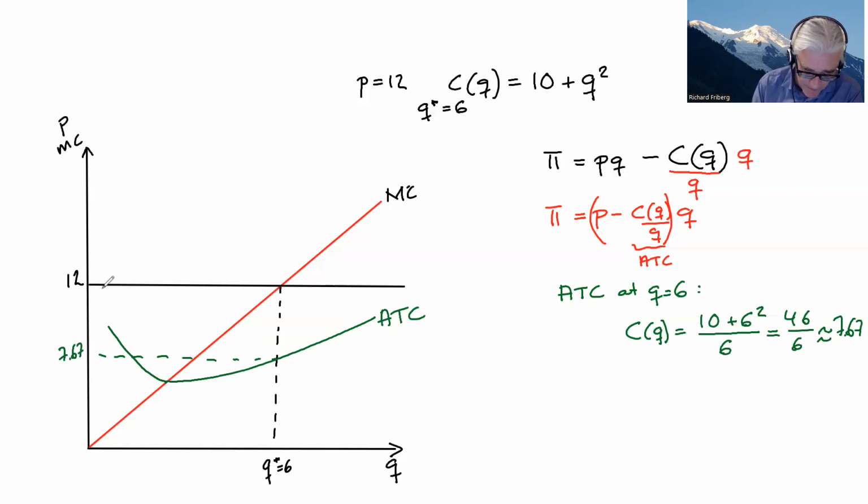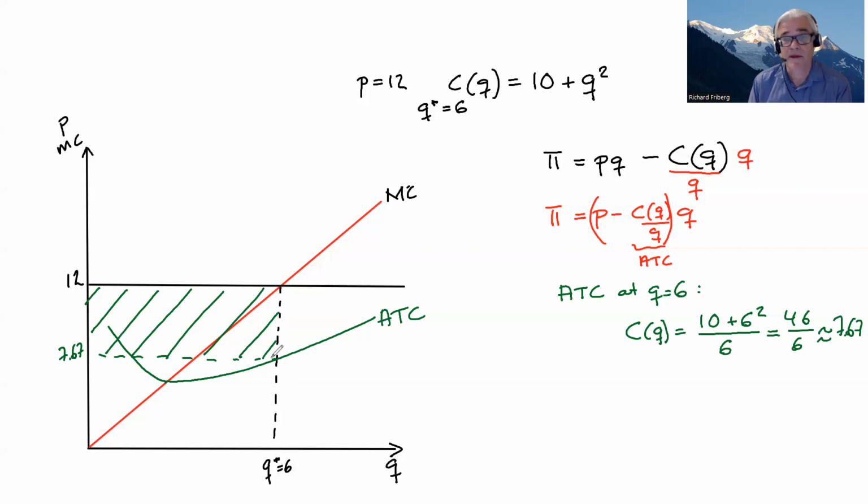So this area, price minus average total cost times quantity, is another way to express profits. An important point, of course, is that we're evaluating the average total cost at this particular quantity. So at different quantities, we would have different average total costs, but this is the quantity that we're evaluating it at.